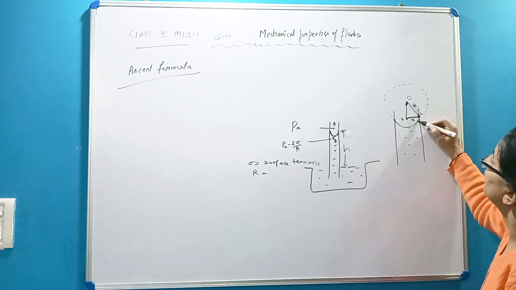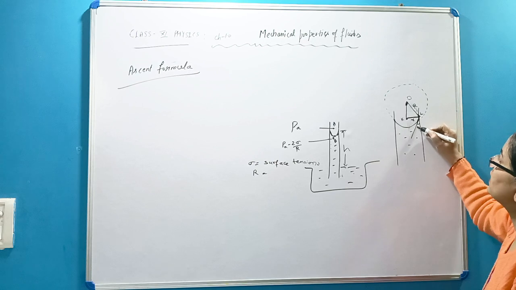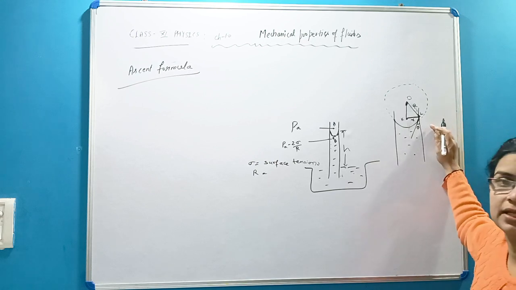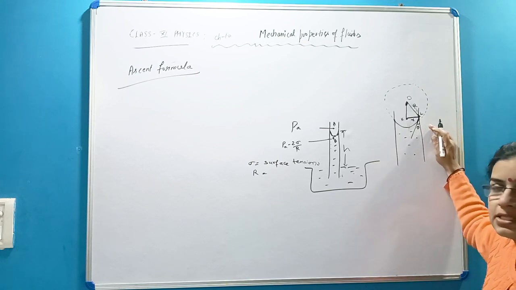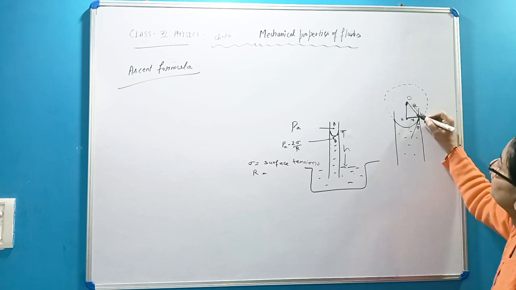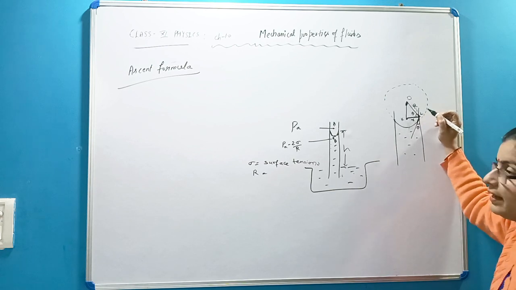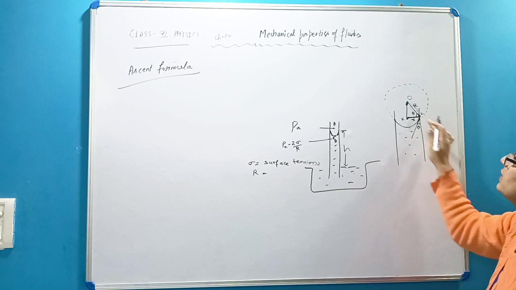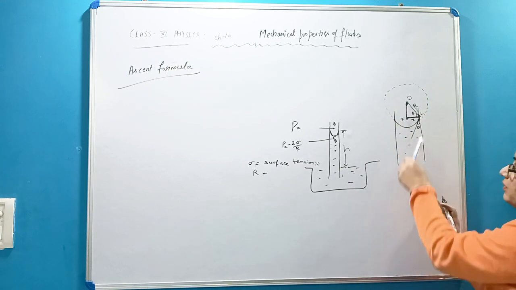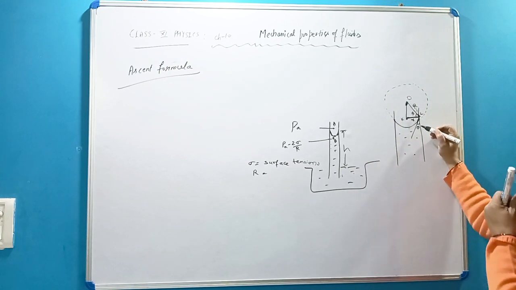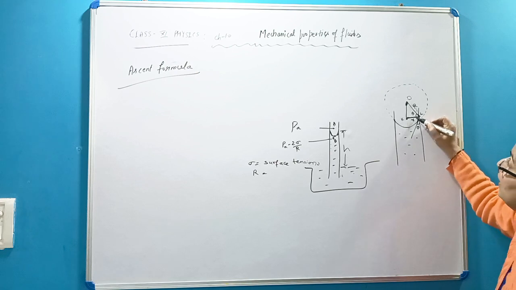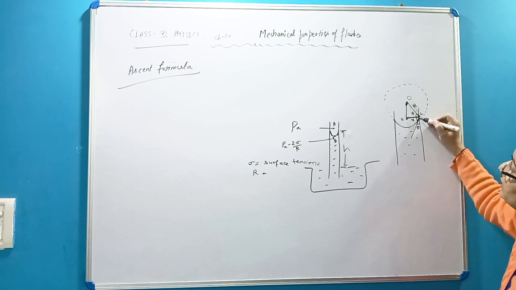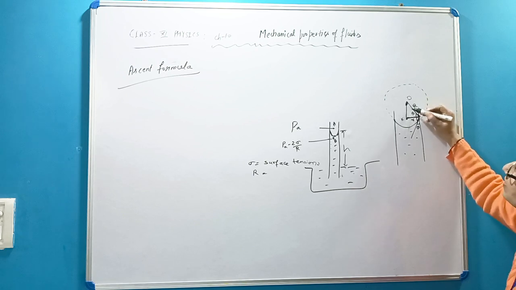Now here, this theta is the angle of contact. This is theta, so this should also be theta. Why? Because this capillary tube has radius small r. As we are aware, the tangent to this shape is perpendicular to the radius.